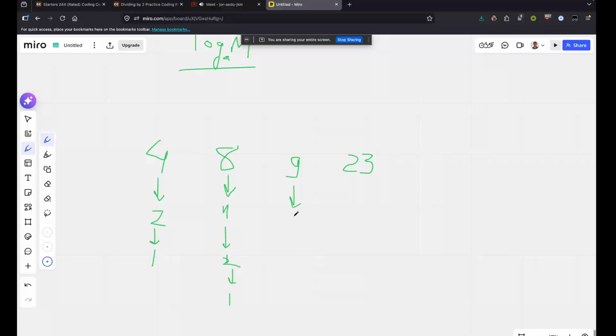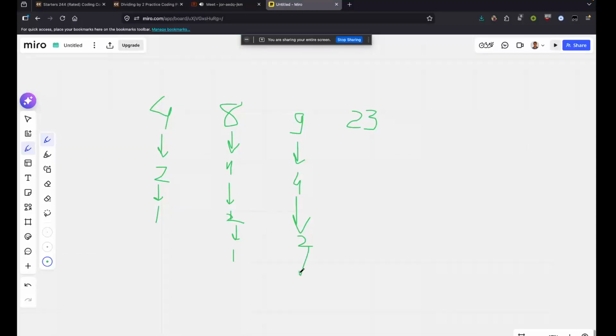For 9 it will become 4, then 2, then 1. For 23 it will be 11, then 5, then 2, then 1.